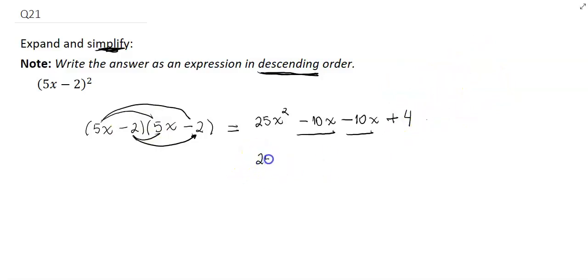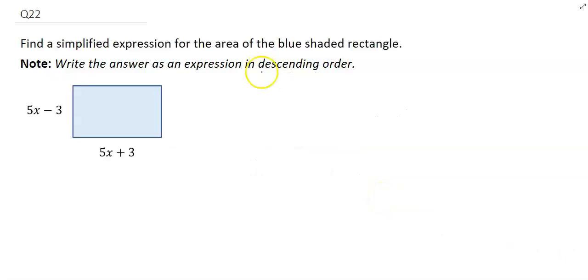So 25x squared. Same sign. I add and keep this sign. Plus 4. Descending order, it is degree 2, degree 1, degree 0. I see another descending order.